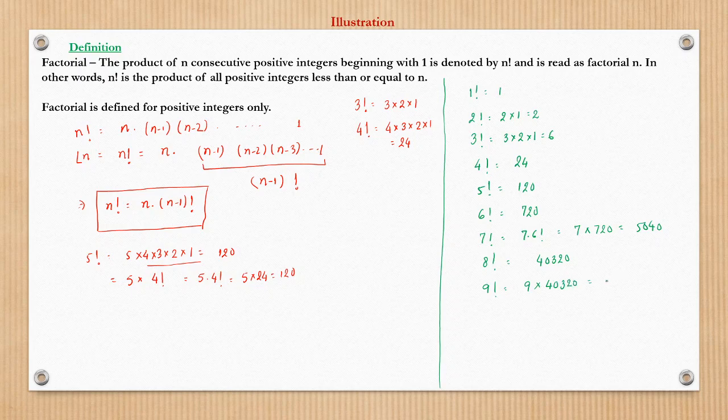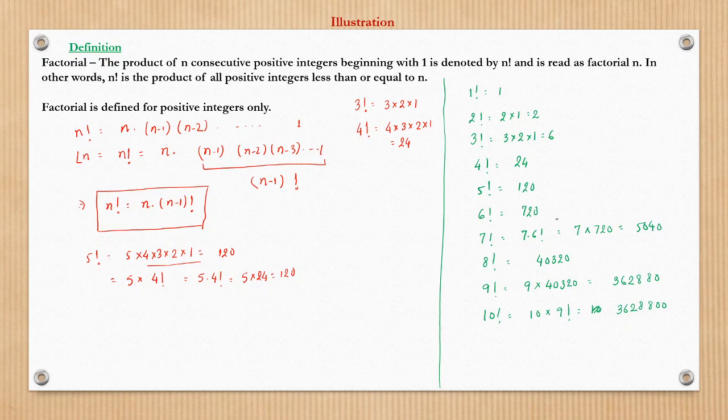If we multiply, we will get 362,880. And 10 factorial would be nothing but 10 into 9 factorial. We just multiply this, so it becomes 3628800. So this way we can find the value of different factorials.